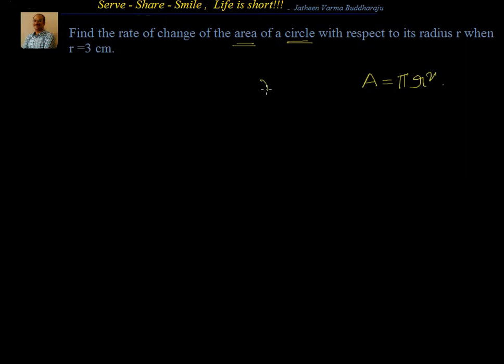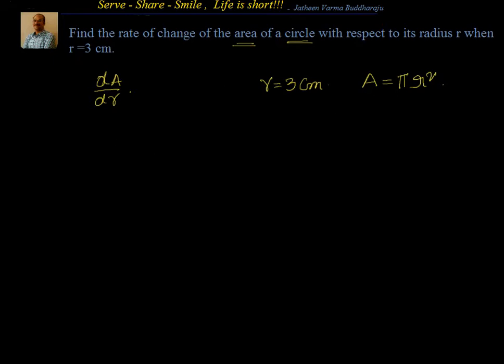We are interested in finding this when r equals 3 centimeter, which I will also note down. What we need to find is the rate of change of area of the circle with respect to its radius. That means we are interested in dA by dr, because the change in area is dA, with respect to change in radius, which is dr.